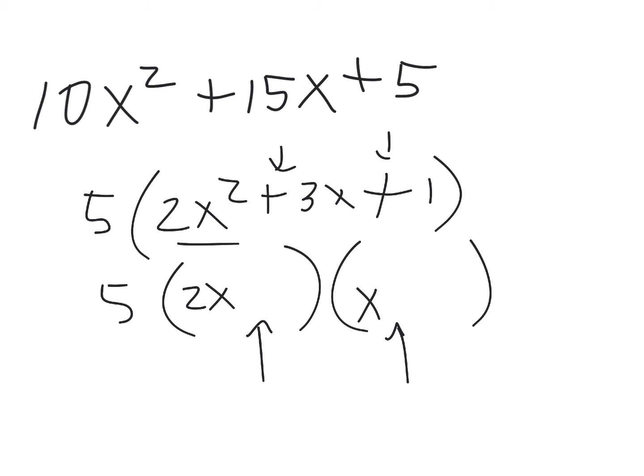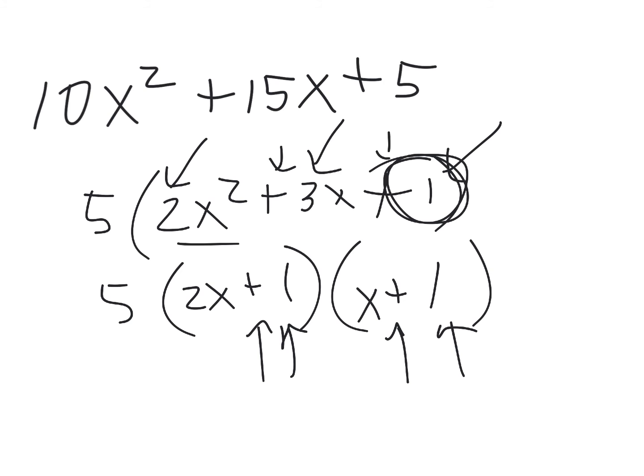This one's got only pluses. That's easy. Got to be plus plus. And then the last numbers here have to multiply to this. They multiply to this and add to that. That does not work when this number is a 2. It just multiplies to 1. So 1 and 1.